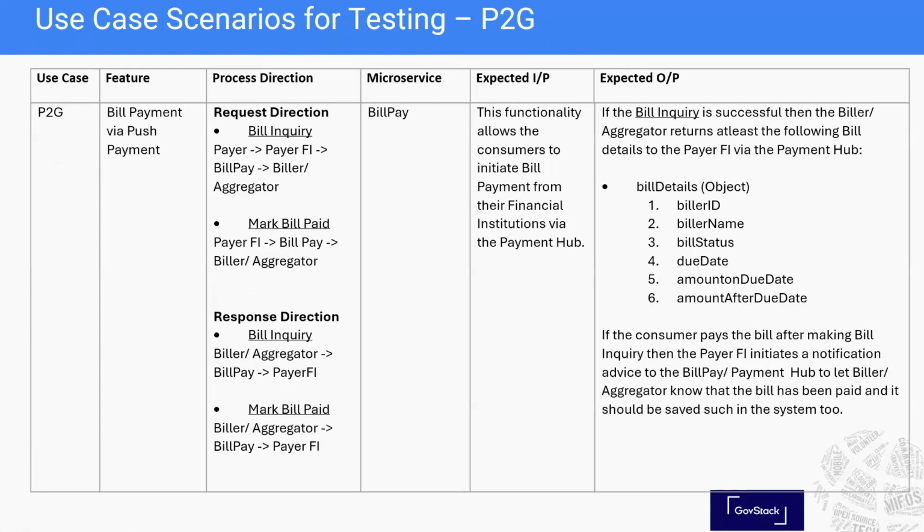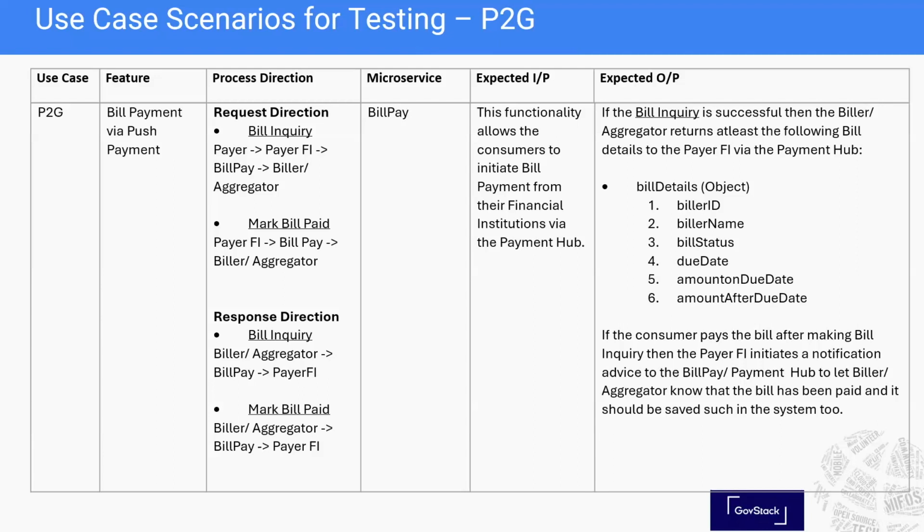Now, moving on towards the P2G scenarios that we have. First off is the bill payment via push payment, and this occurs through the bill inquiry sequence. This is applicable in scenarios, for example, in jurisdictions where a utility company, let's say an electricity company, distributes the bill invoice numbers.